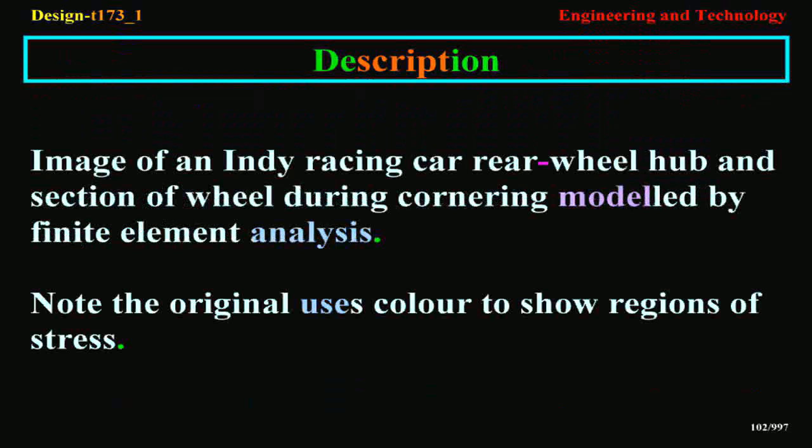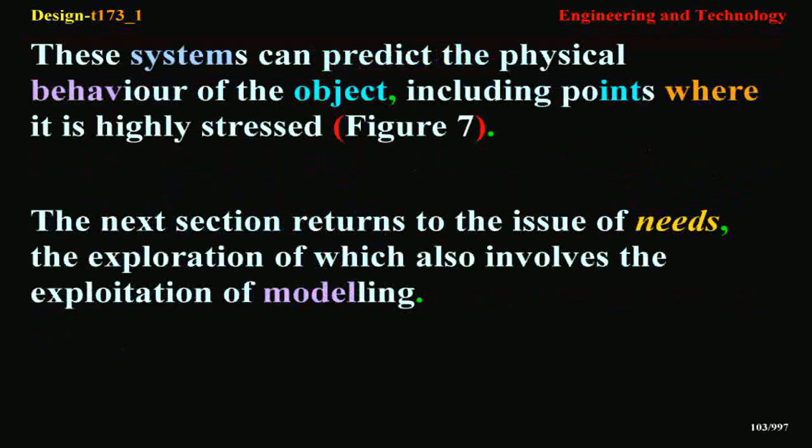Note the original uses color to show regions of stress. These systems can predict the physical behavior of the object, including points where it is highly stressed. The next section returns to the issue of needs, the exploration of which also involves the exploitation of modeling.